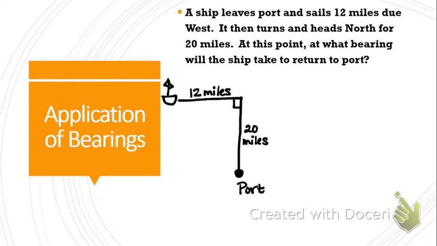What do we want to do? What's the ship trying to do? Find the bearing back to port. Okay, so the ship wants to go back to port, but the ship is the one with the navigation tools.